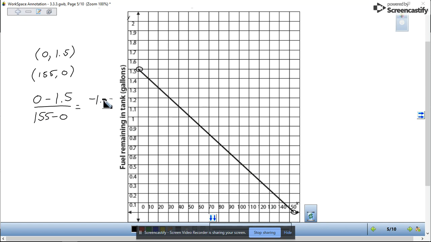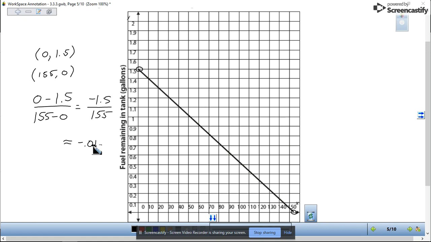So I get negative 1.5 divided by 155. And when you divide that out, you get negative 0.0096. So we're going to round that. So that is approximately negative 0.01.